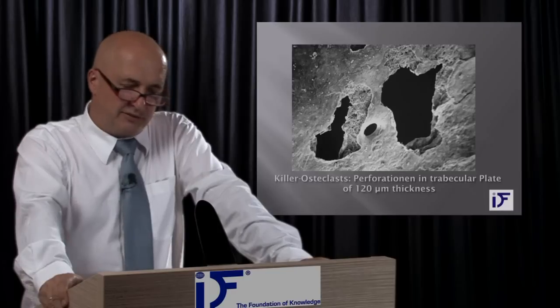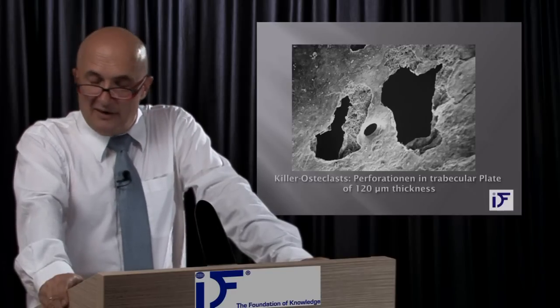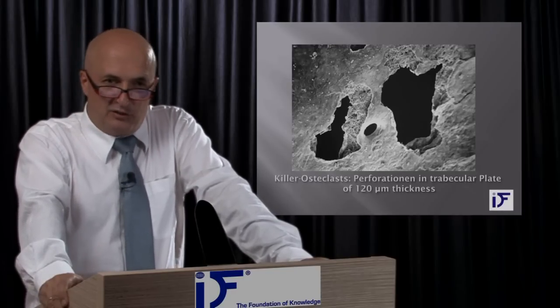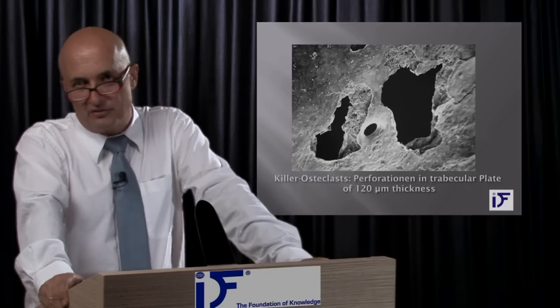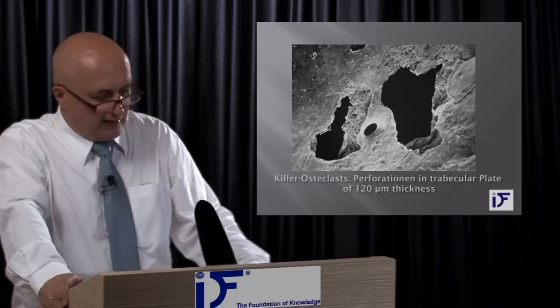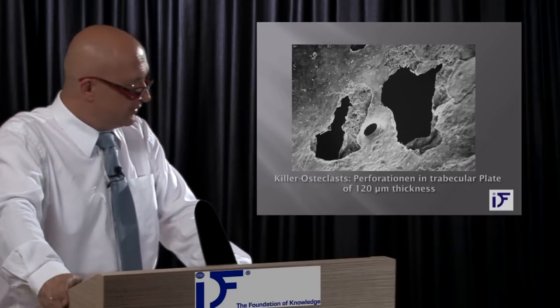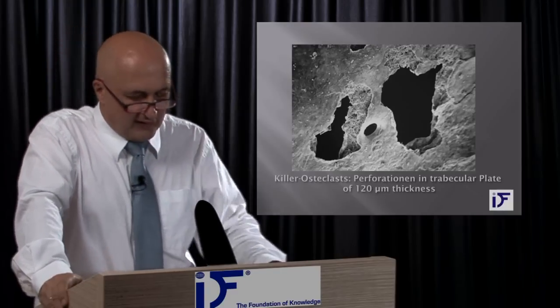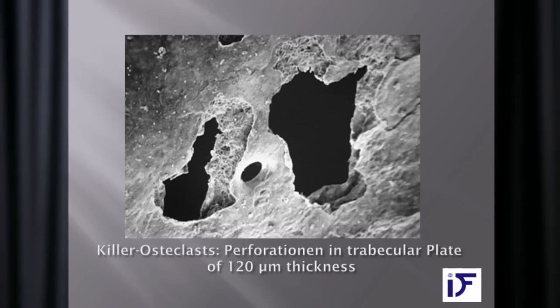On the other hand, single osteoclasts can travel, because they have the possibility to resorb bone, to destroy bone, and to make their way free. And I'm showing you a picture here, and we call these osteoclasts killer osteoclasts. They are perforating a trabecular plate of 120 micrometers thickness.